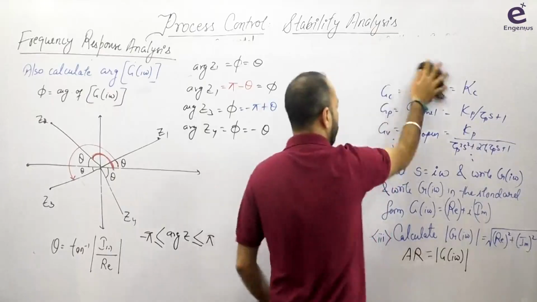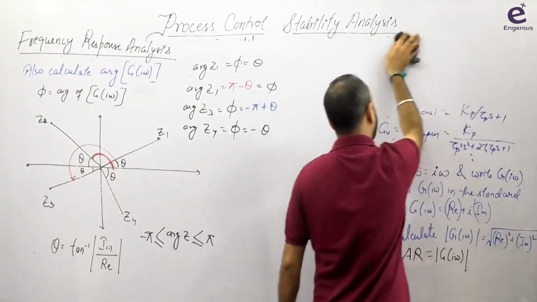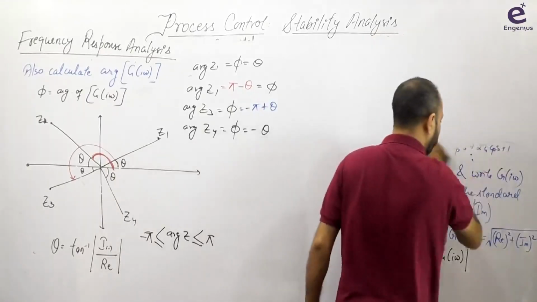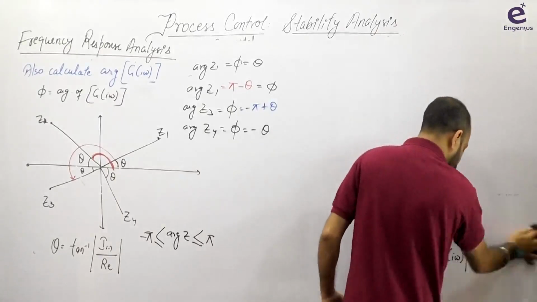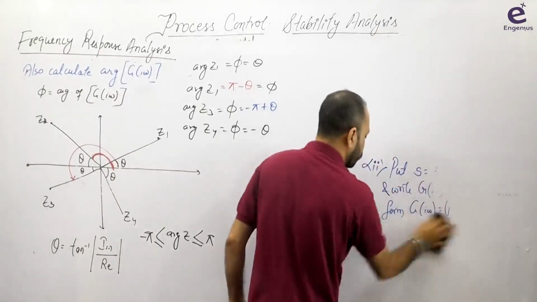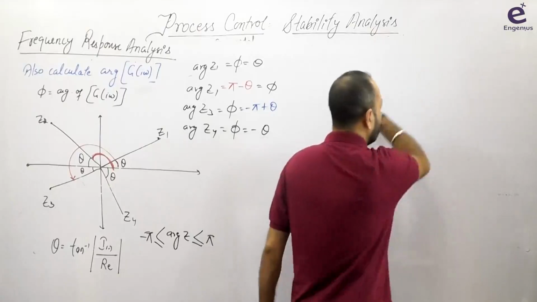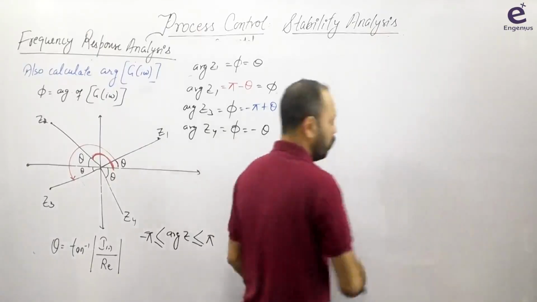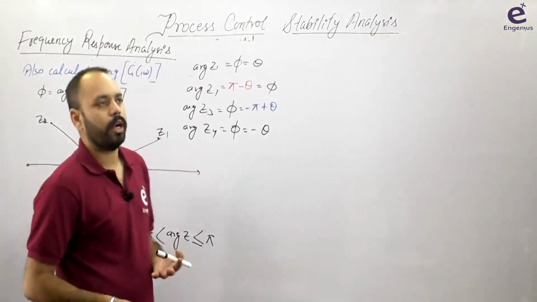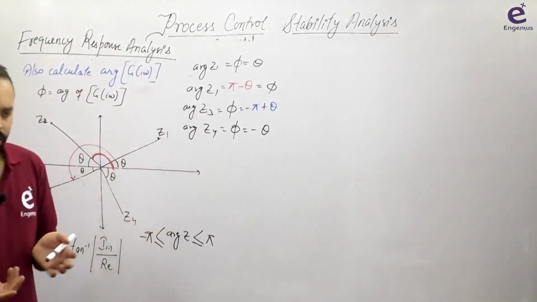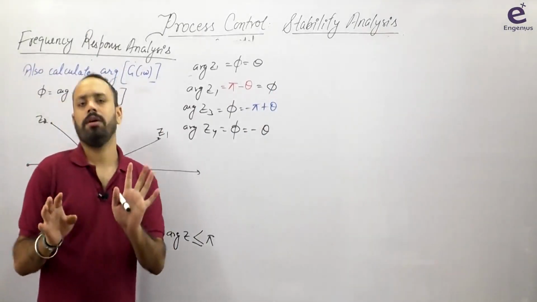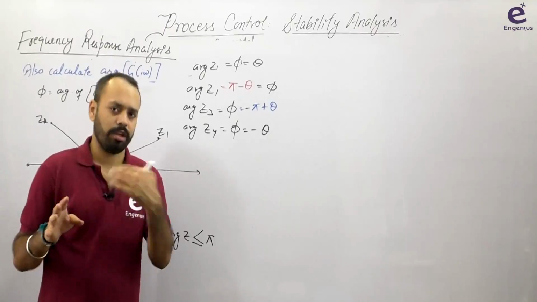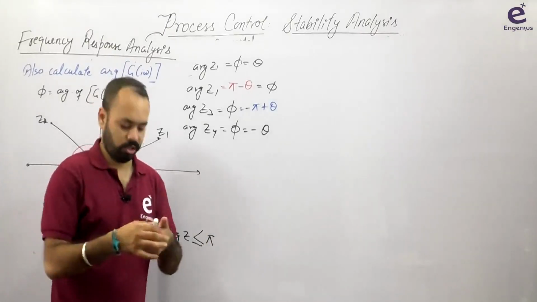Suppose there is a transfer function which can be considered as multiplication or division of two or more transfer functions. What I'm going to discuss now is how to find AR and phi of a transfer function which does not consist of just an individual component, but their combinations.